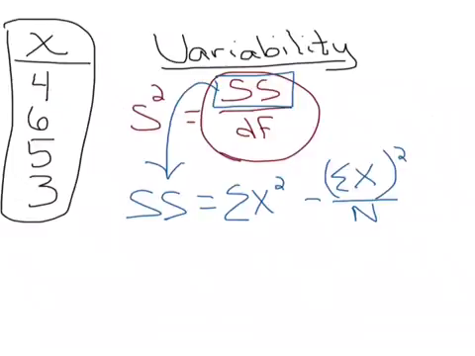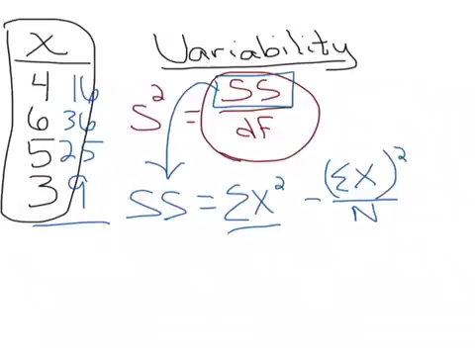Now, to be able to get this sums of square, we're going to have to do some things. To get our sum of x squared, we're basically going to square each of these raw scores separately. So we're looking at 16, 36, 25, 9, and we're going to add those together.